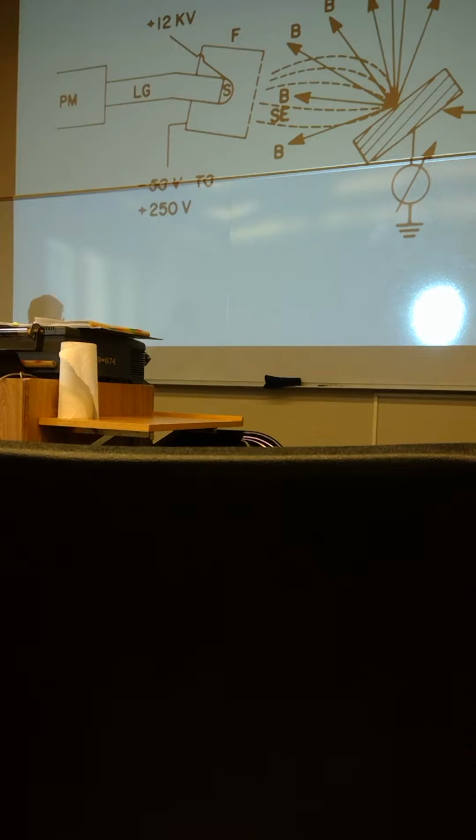You will repel them. Then you will only detect the backscatter electrons. So you can play with the charge to either attract the secondary electrons, or repel them and just collect the backscatter. That's why the Faraday cage has a mechanism to put a positive and negative charge.